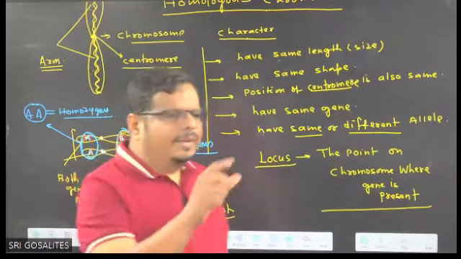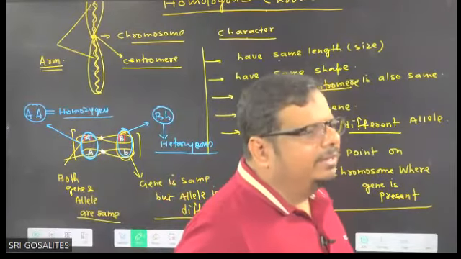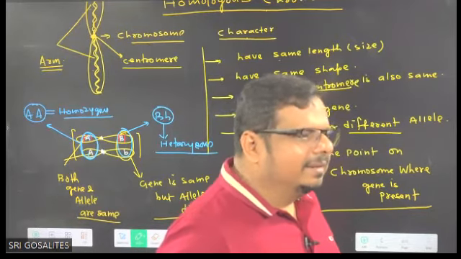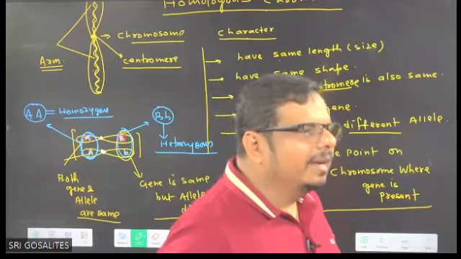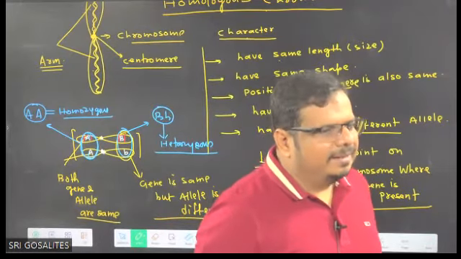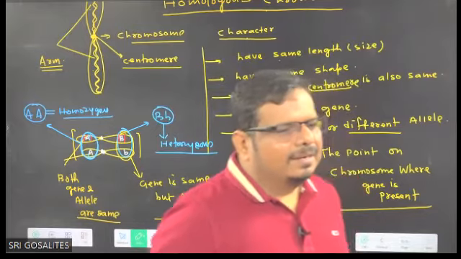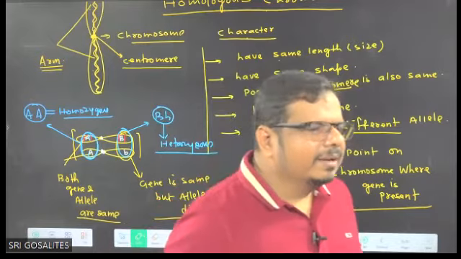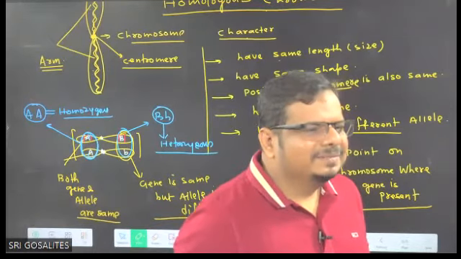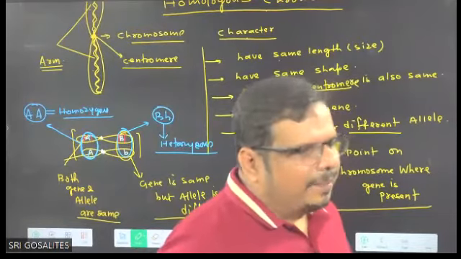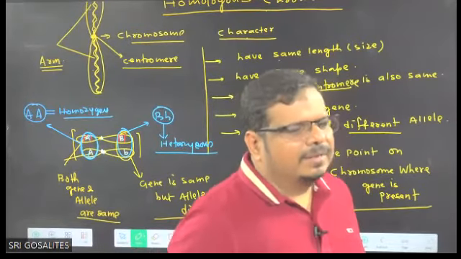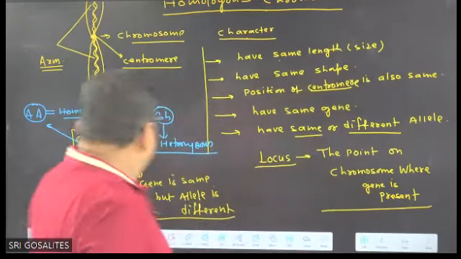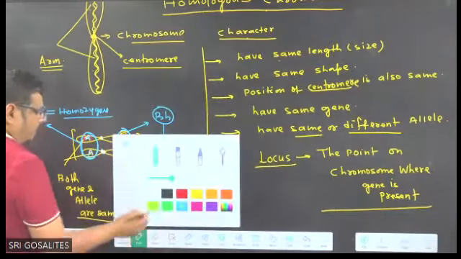So when both parents contribute the same allele of a gene, it is called homozygous. Mother contributing capital A, father contributing capital A, the child becomes capital A, capital A. Mother contributing capital B, father contributing small b, it becomes capital B and small b.